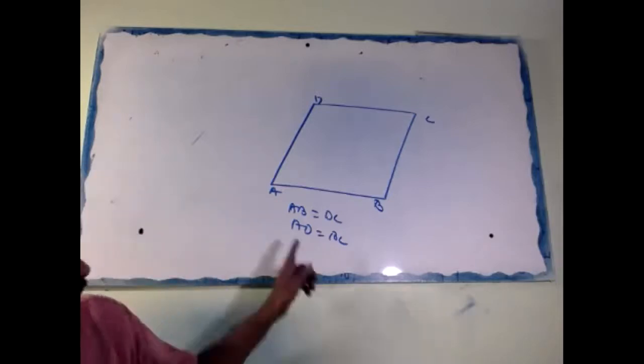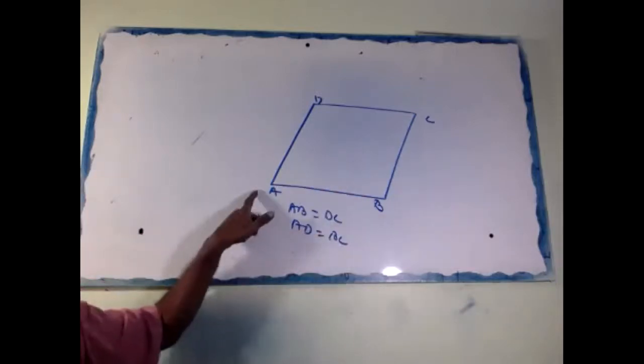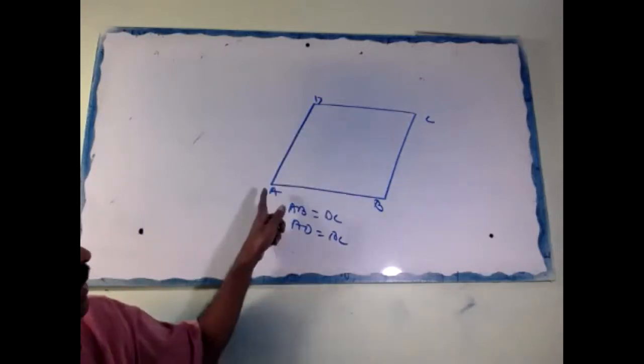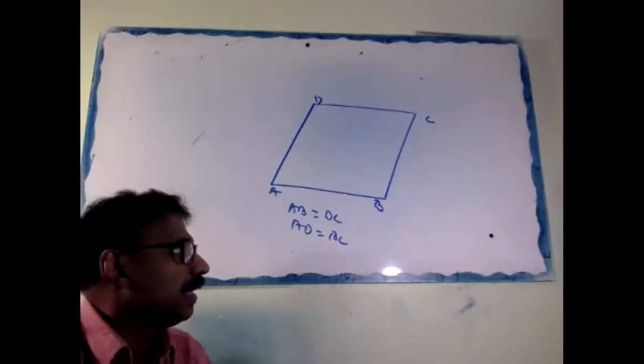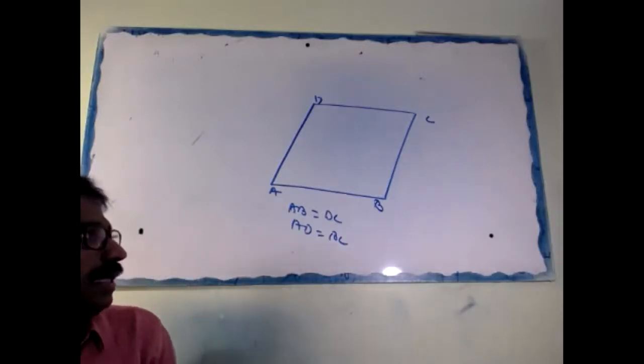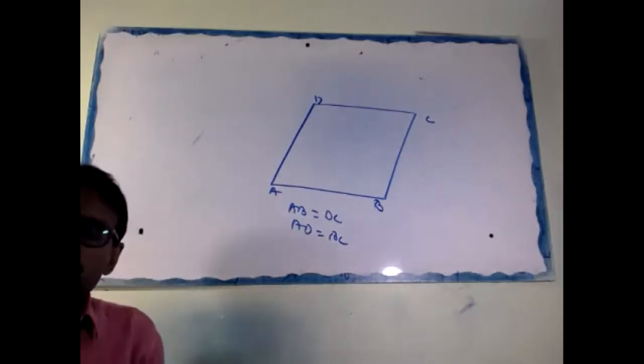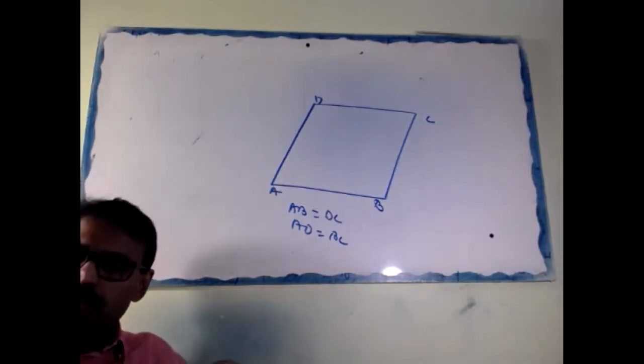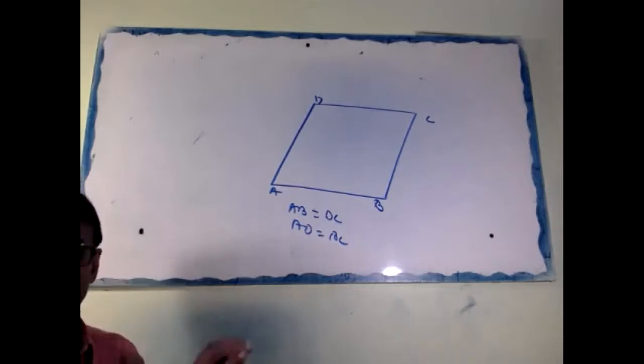Then write: ABCD is a parallelogram in which AB parallel DC and AD parallel BC. Okay. Next one. Are you okay now? Getting it now?